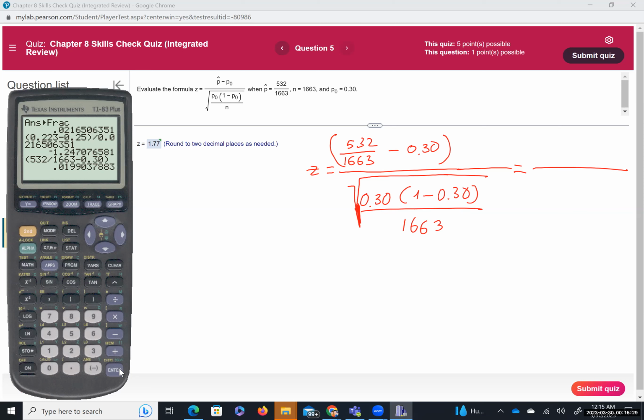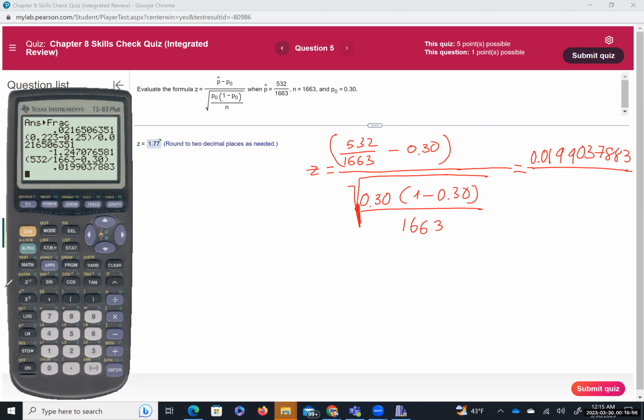Okay, if you don't want to do everything at once, you can do just the top, but you have to rewrite everything. You're not going to round at this point. You only round the answer at the last step, okay?